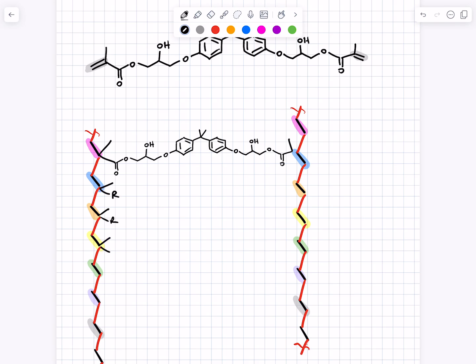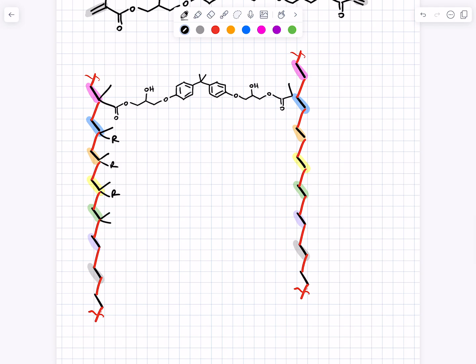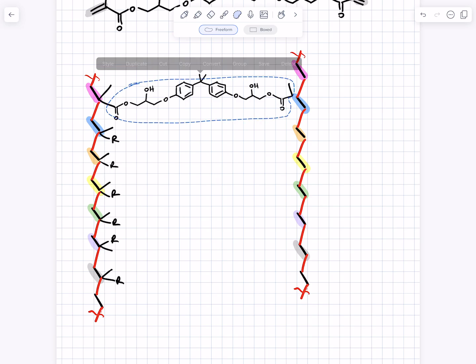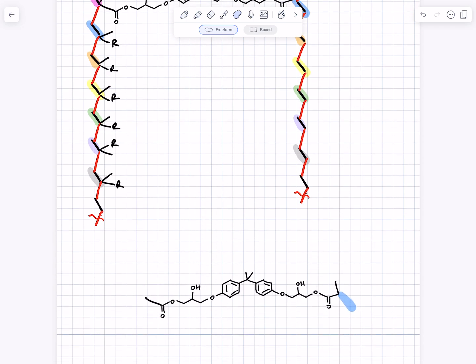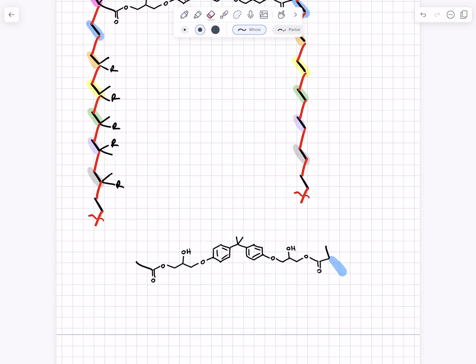Every other carbon is going to have another one of those R linkers. And that R linker is going to be attached to another polymer chain. Perhaps this one. You know, there may be multiple times in which one polymer chain is linked to the other. Where two chains are linked really closely together.